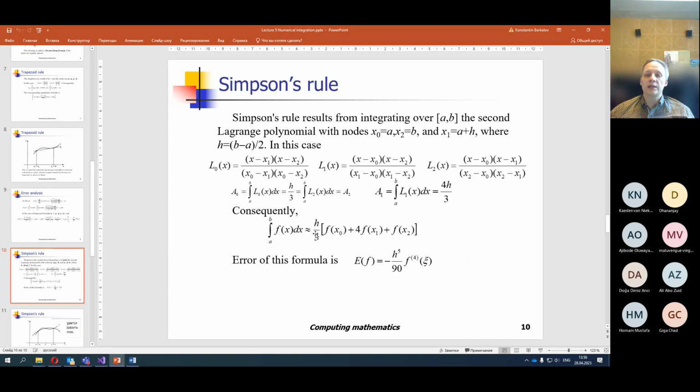But let's select 3 points. If we have 3 points, we can build a Lagrange interpolating polynomial of degree 2, a quadratic polynomial, a parabola. And after that, we can find the integral of this quadratic polynomial.